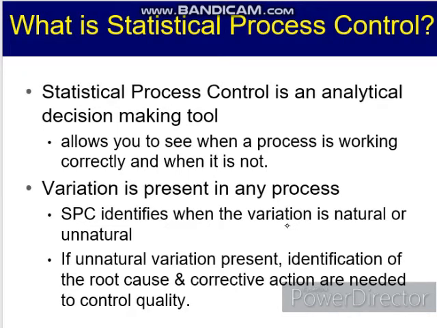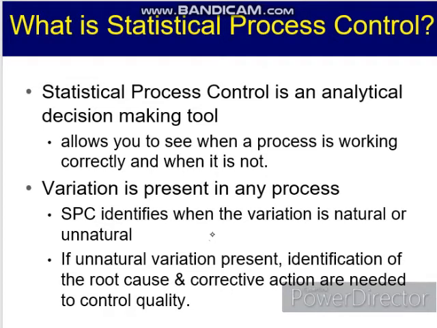Those are considered natural variations and are acceptable in your process. But let's say something unnatural happened, some external force that actually affects the process, then the SPC will identify the variations as unnatural variations.